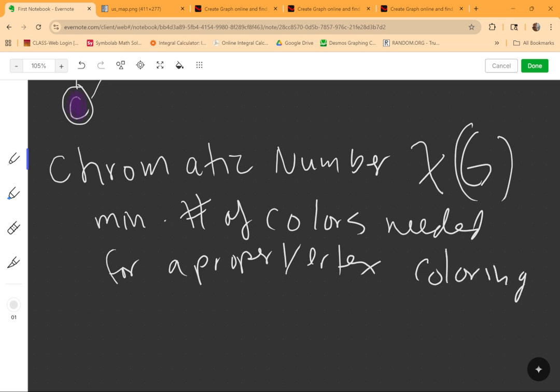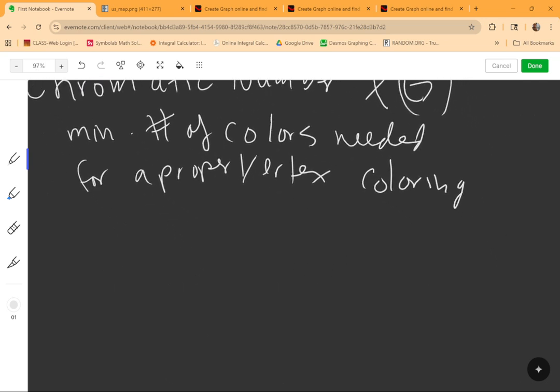Again, every graph will have a chromatic number, and finding it is the problem we'll be tasked with here.